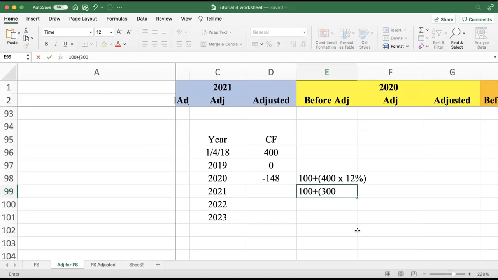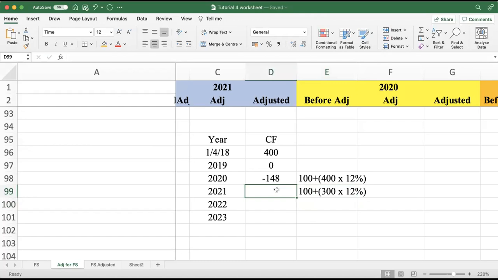Then the loan balance is 300 multiplied by 12%, which is 136. Third year cash flow 136.